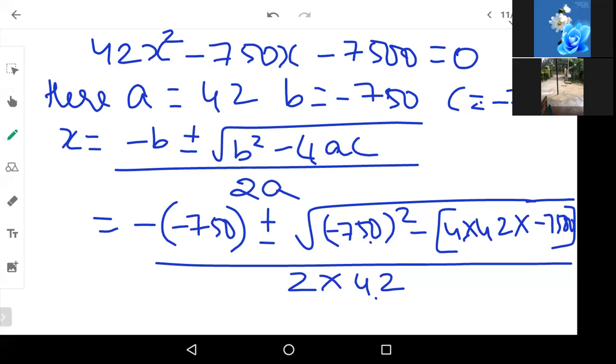Okay. Now next step, minus into minus is plus, so plus 750 plus or minus square root of 750 square. What do you get as the answer? What is the answer? 750 into 750.